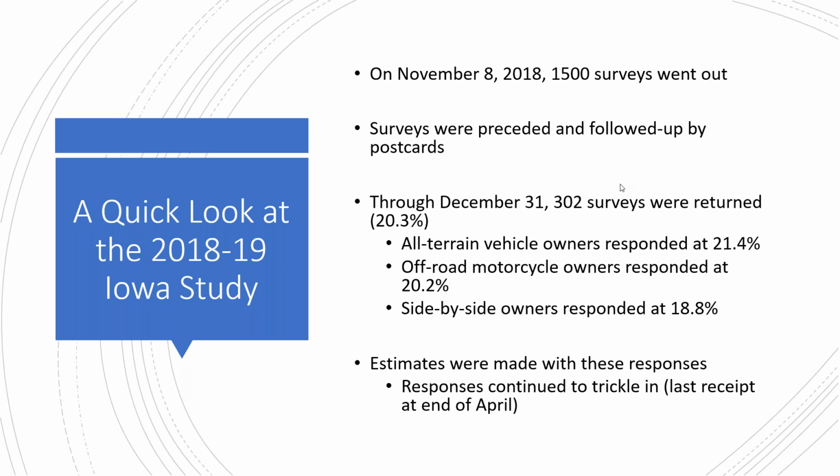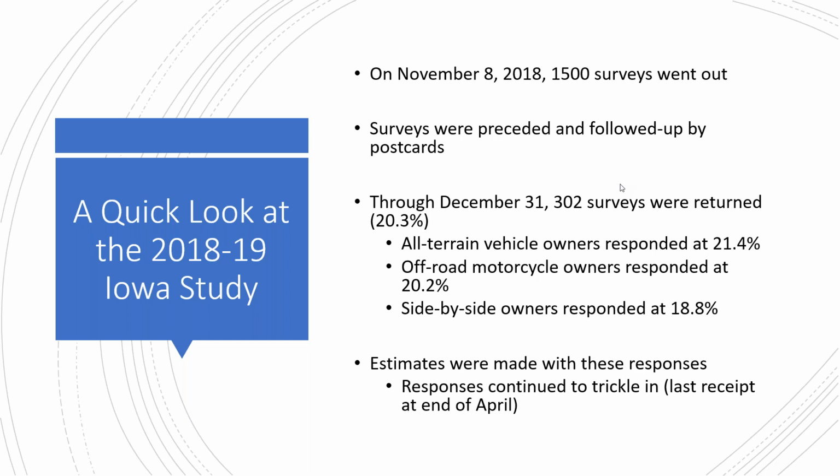I think given our response, we would probably go back to online, at least in Iowa, unless there was a reason specifically for an area not to. Before the surveys went out, we sent advance postcards to tell people they were coming. And after they went out, we sent two postcards post-survey to remind people to send those surveys back.